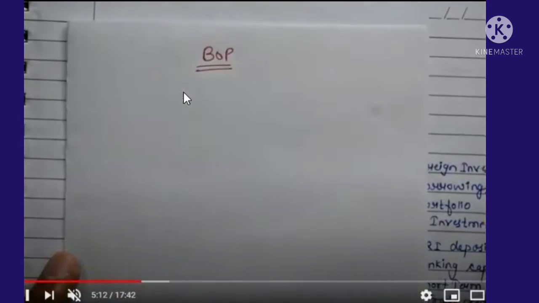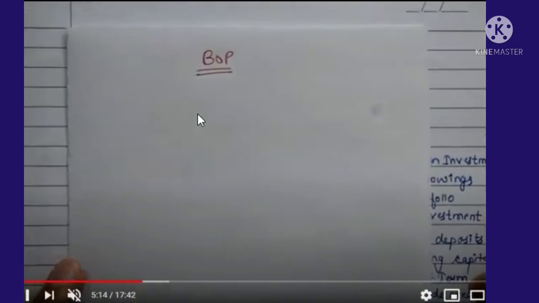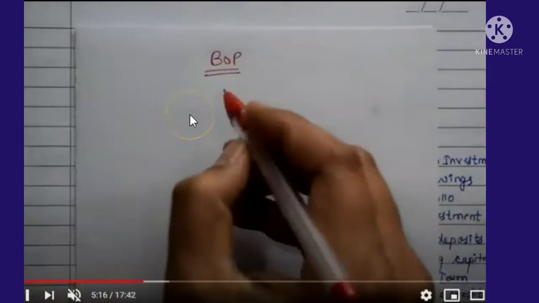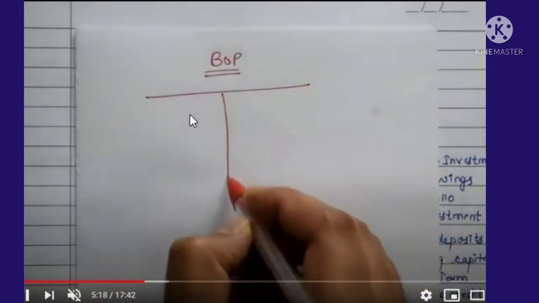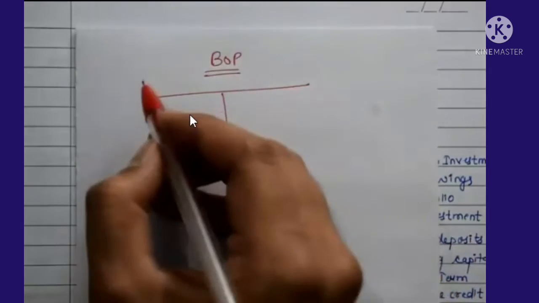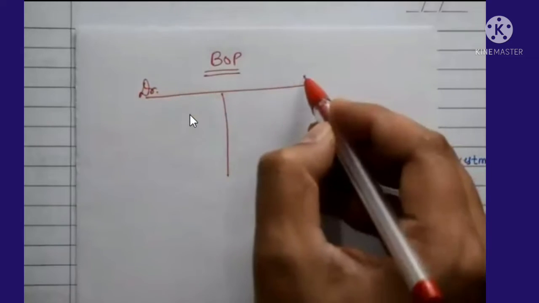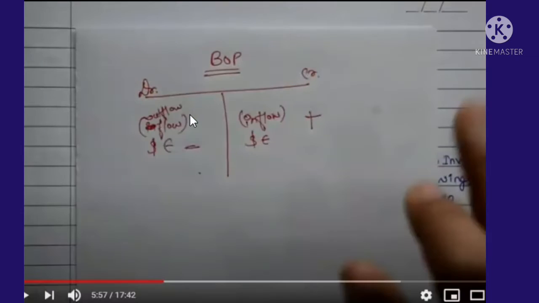So next you have to see what all things are involved in BOP. So BOP involves two things. First one, we can say that it's a debit side and a credit side. We can say that in the debit side it's outflow of currency. That is, sometimes our Indian currency may be outflowing to other countries for the imports of their goods.